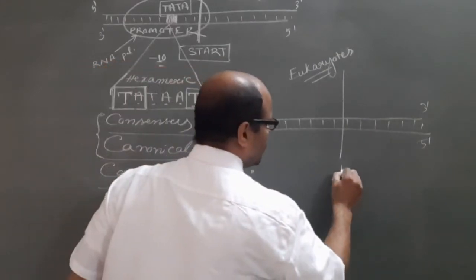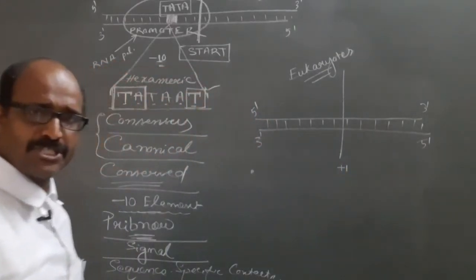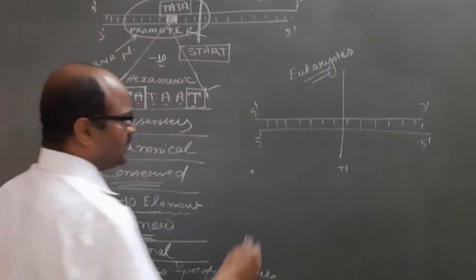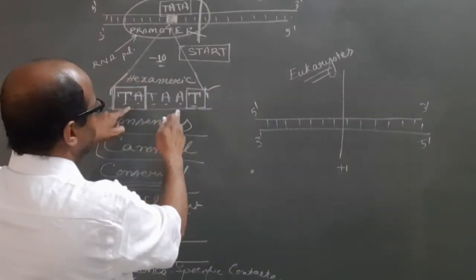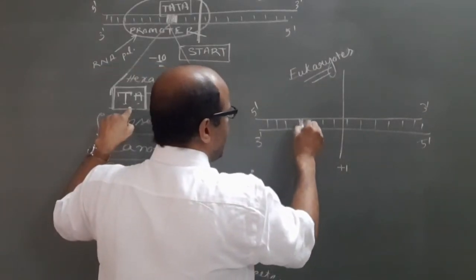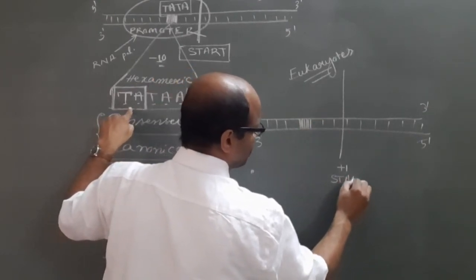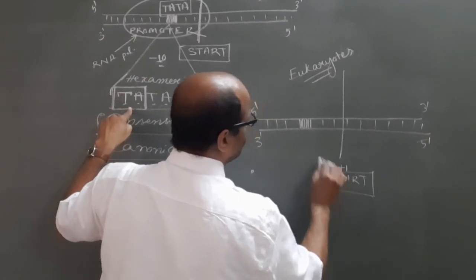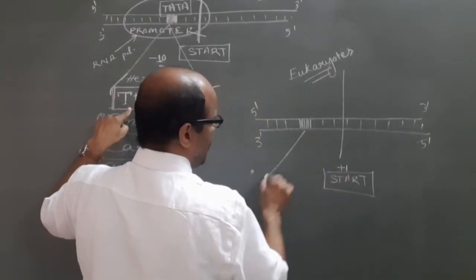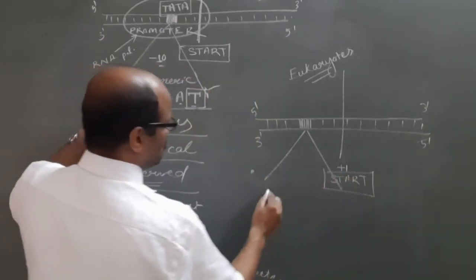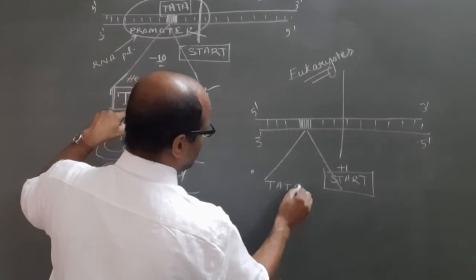Suppose that this is the start point of the transcription, +1, and here this TATA region is present upstream of the start point, and the sequence is TA.